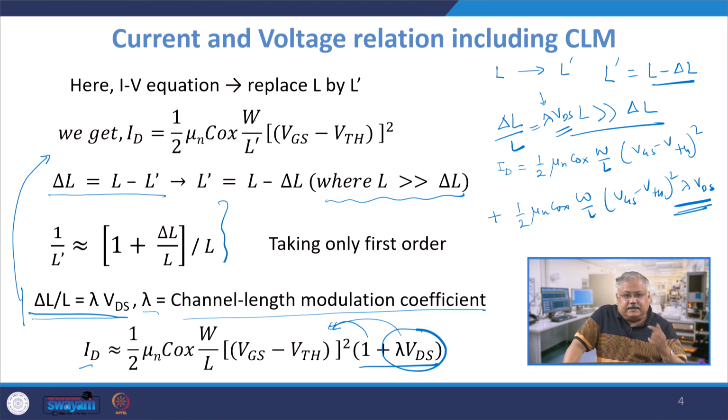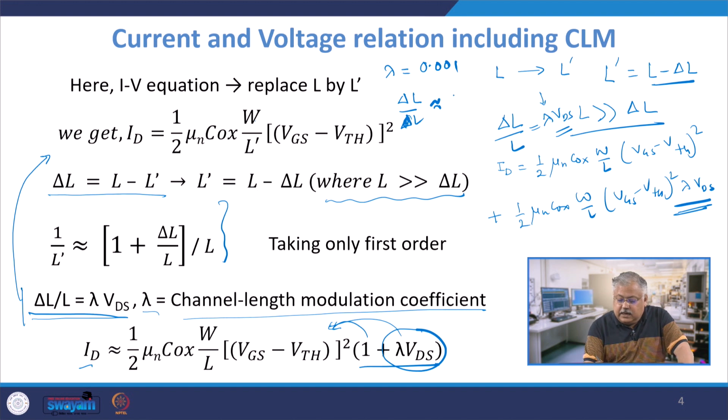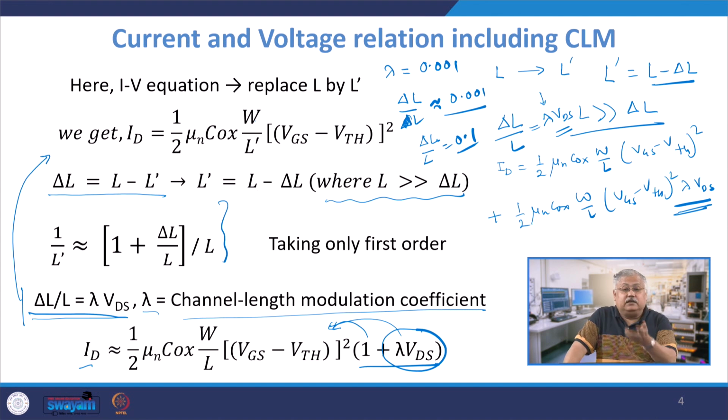If my lambda is, say, 0.001, it effectively means that delta L by L is approximately equal to 0.001. Whereas if delta L by L is 0.1, there is a 10 to the power 3 order change in the value of lambda, and therefore, CLM will be more prominent if you have a higher lambda value, correct.